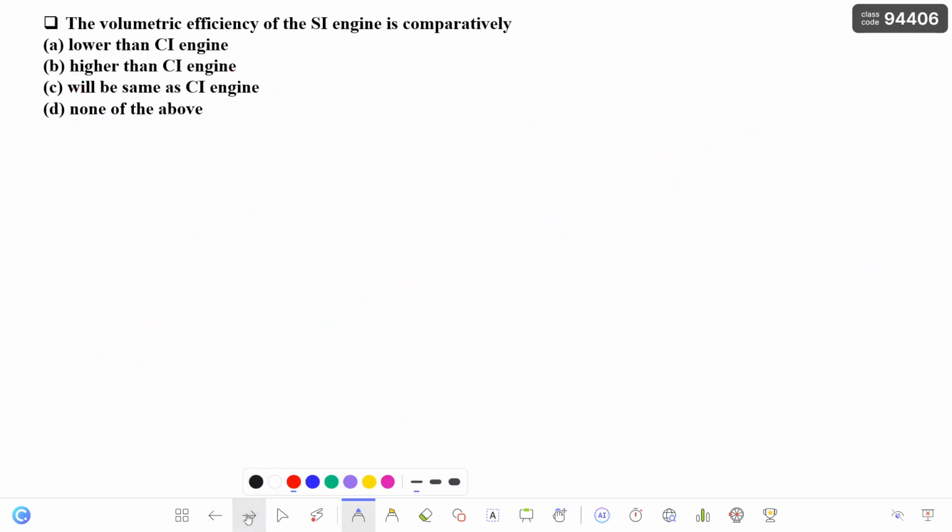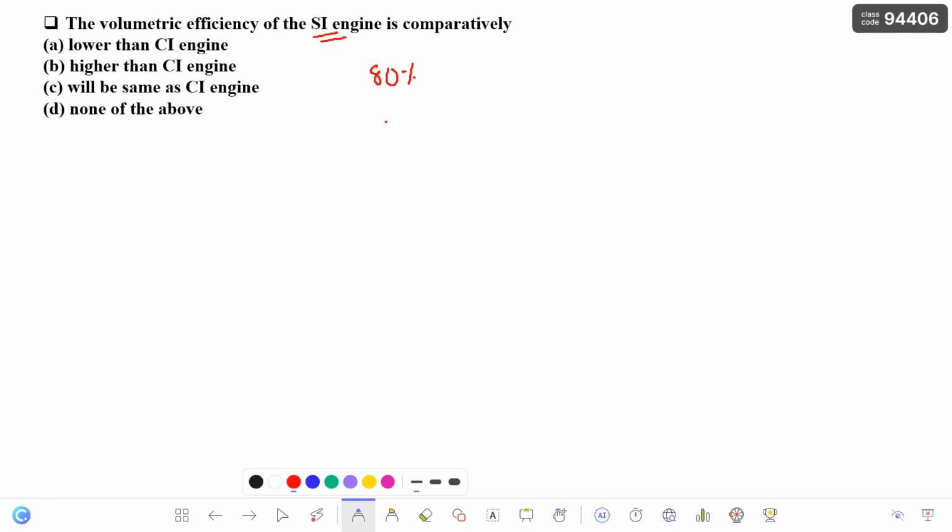Okay, so the next question is, the volumetric efficiency of SI engine is comparatively lower than the CI engine, higher than the CI engine, the same as the CI engine, or none of the above? Higher than the CI engine. SI engines, what is the volumetric efficiency around? Any guesses? It is about 80%.